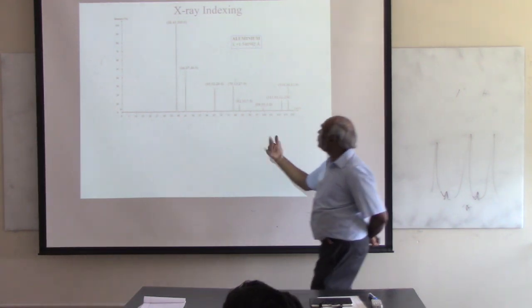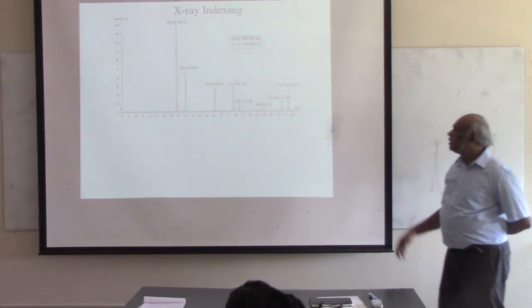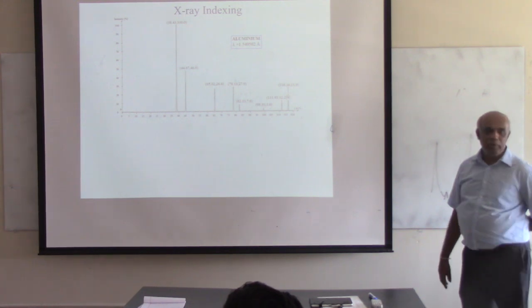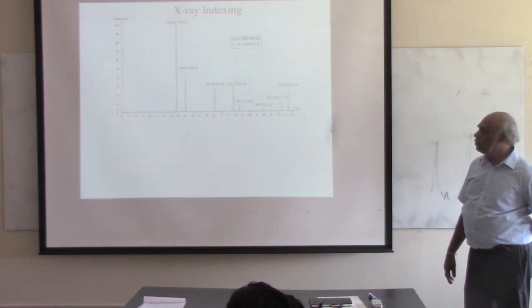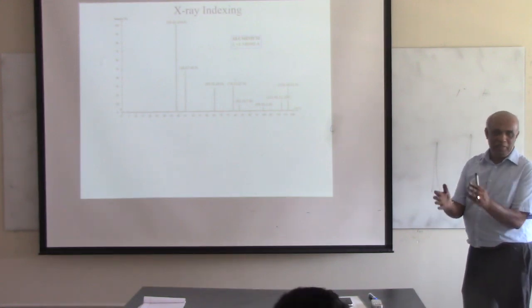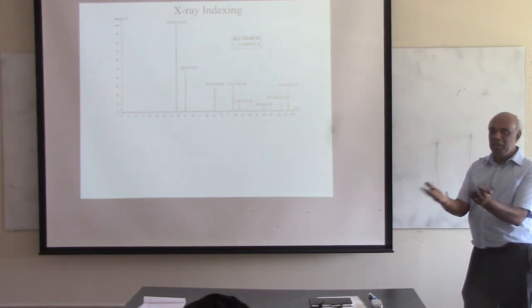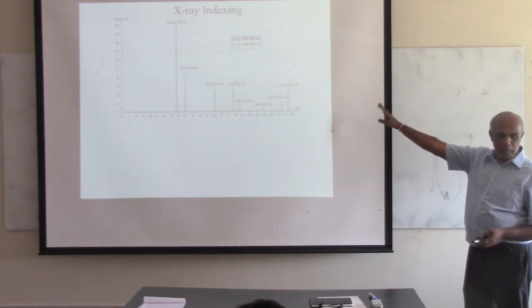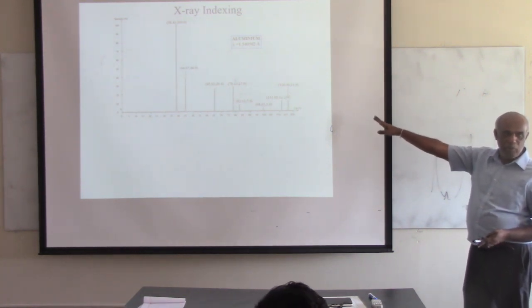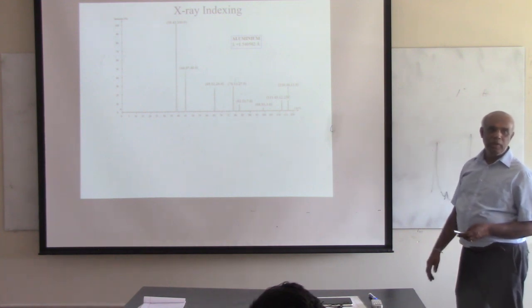So how do we usually figure out what kind of crystal structure this is, and also get the lattice parameters? Nowadays you have databases, right? With a database you just compare, but I'm going to show from a very fundamental point of view how to analyze this kind of data.